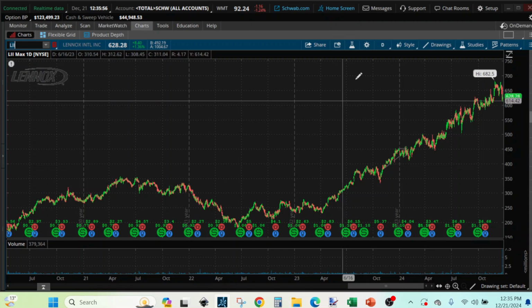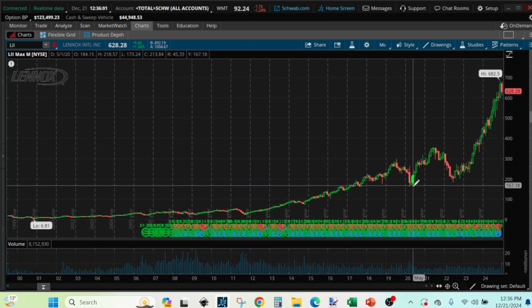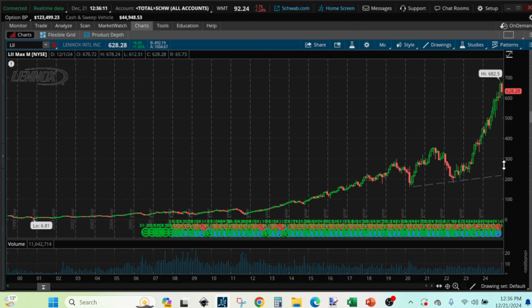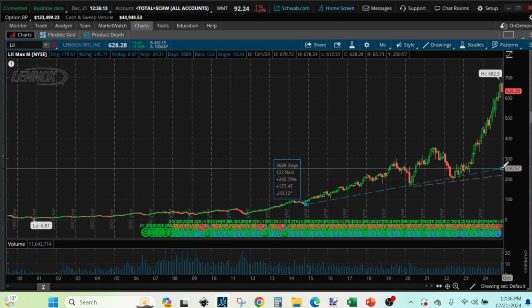So this one will go to maximum monthly chart. So this is how we are using the maximum monthly chart. I don't know how I feel about this one. Let's see. I think this will pretty much be the same. We can take this out.